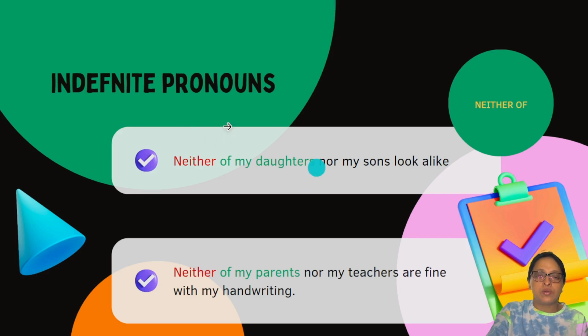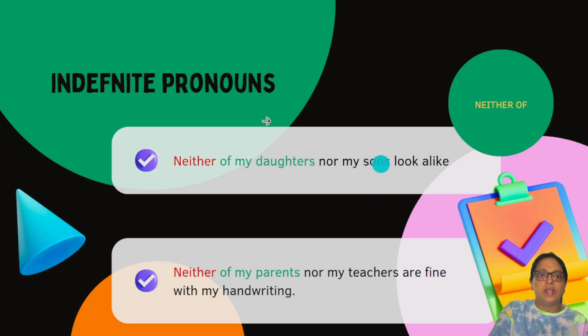We take out "of my daughters," we keep "neither," and "neither" will take a singular verb. But we have added a conjunction here, and we are talking about my sons also. I'm not talking about a single son, but sons. So I might be having two or more sons.